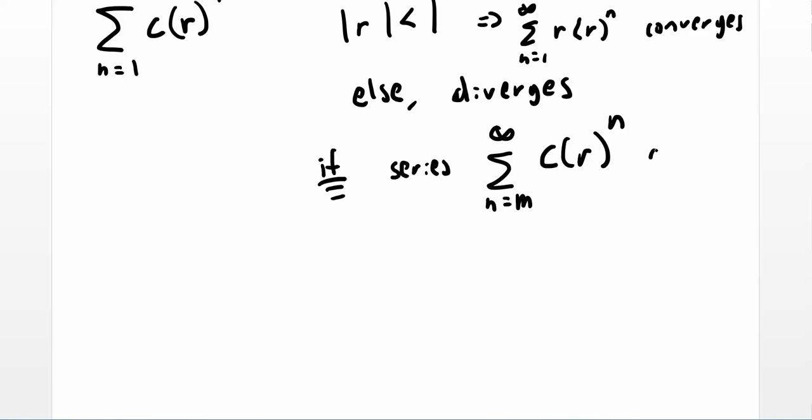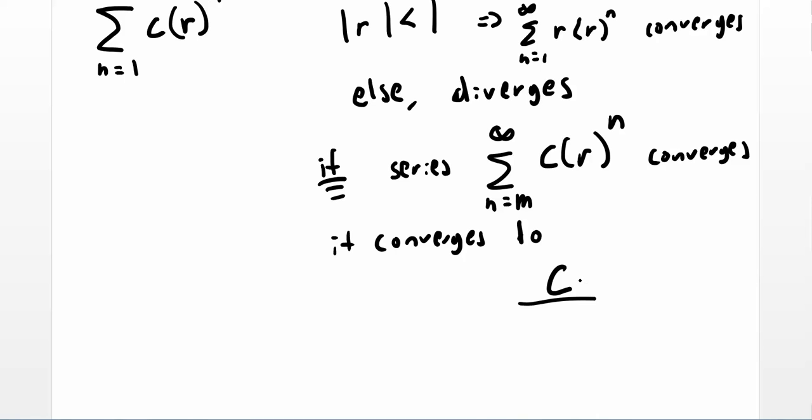If the geometric series converges, starting at n equals m, then it converges to c times r to the m divided by 1 minus r. And that's it. One of the easier series to deal with. So let's look at a few examples.